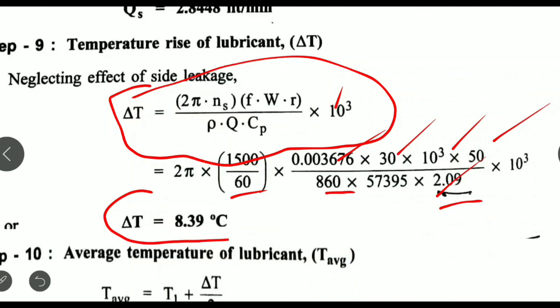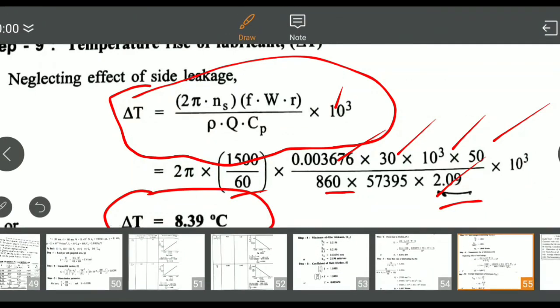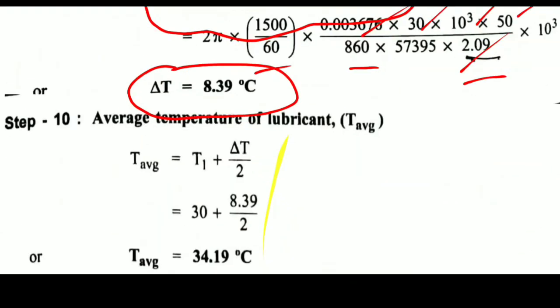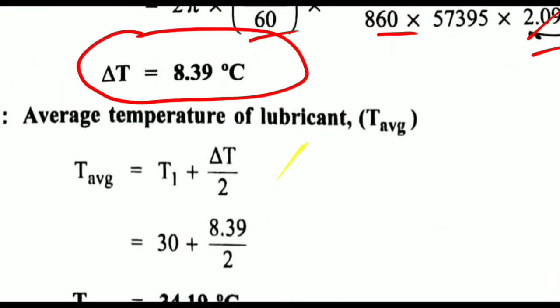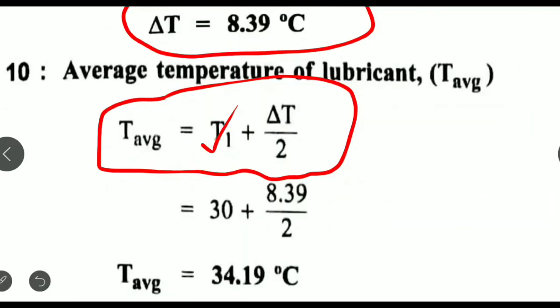Now they are interested in average temperature. So we'll go here, and average temperature is nothing but T1 plus delta T by 2. T1 supplied temperature 30 degree given, and delta T 8.39 divided by 2.